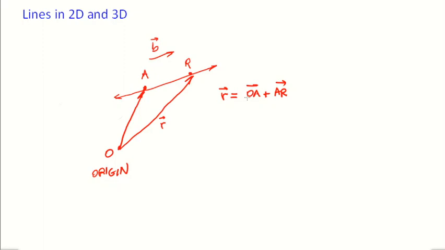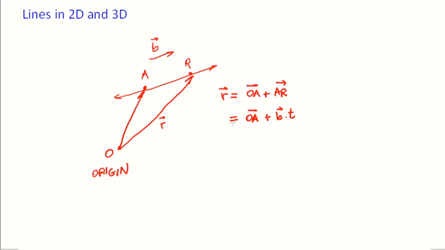Now, AR is a vector which is parallel to B. So it's basically B times something. Since it's parallel, it should simply be vector B multiplied by some number, which I'm going to call t.